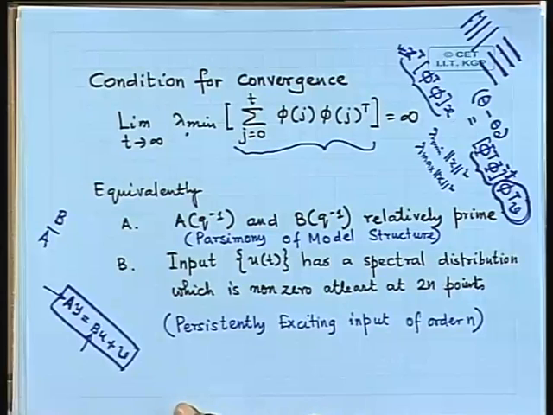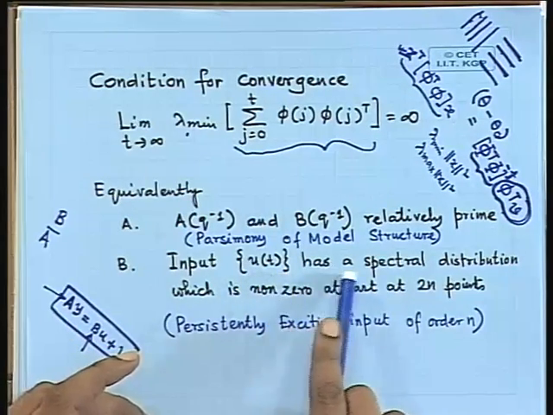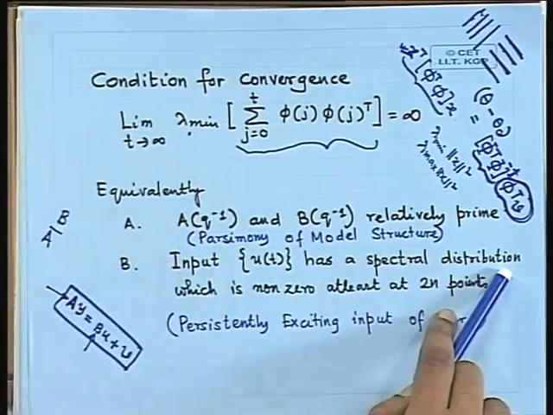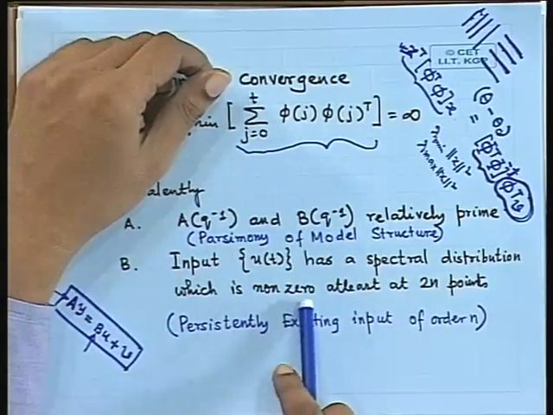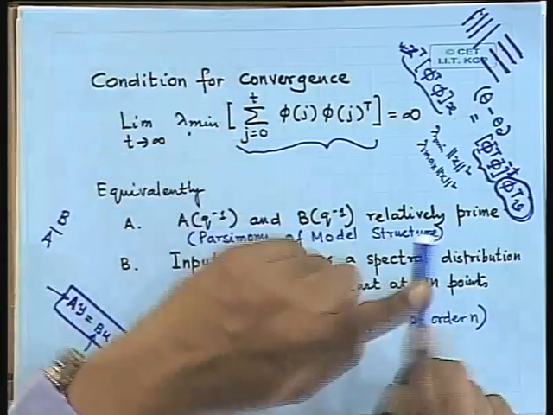The frequency domain condition says that the input has a spectral distribution, that is, if you take its spectrum, it should be non-zero at least at 2n number of points. What does it mean? In its two-sided spectrum.